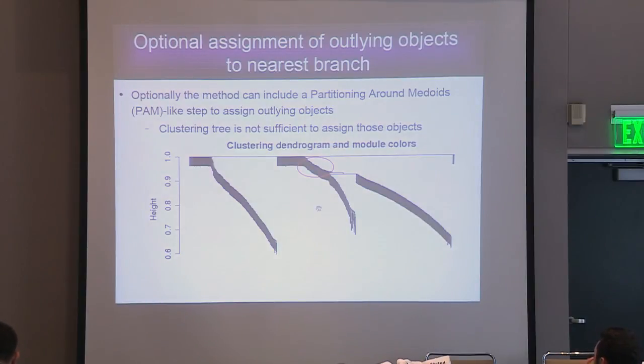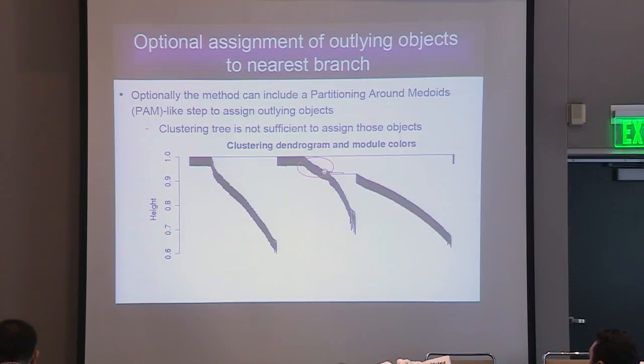Now, one thing that's not exactly a problem, but it's something that the dendrogram doesn't do very well for you, is assigning these objects here. The two branches merged, and you would say that these objects now should belong to either one of the two branches or should be unassigned.